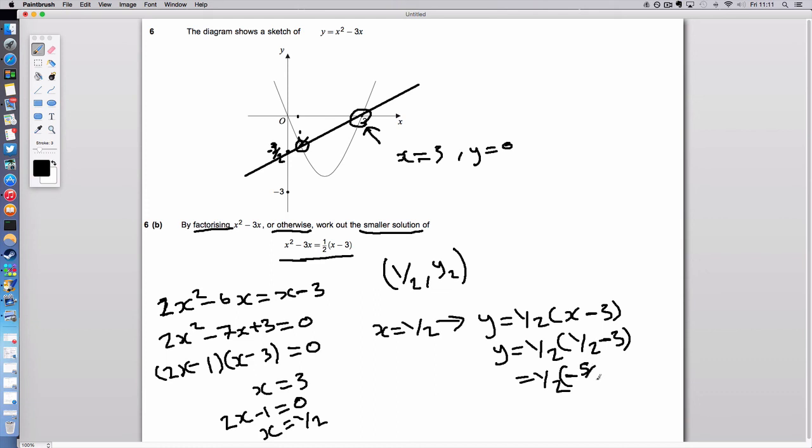Then we multiply these out, so we get minus 5/4, right? So this is our y2 coordinate.